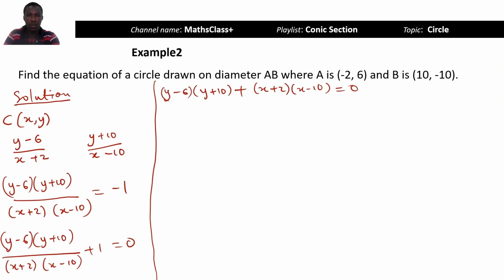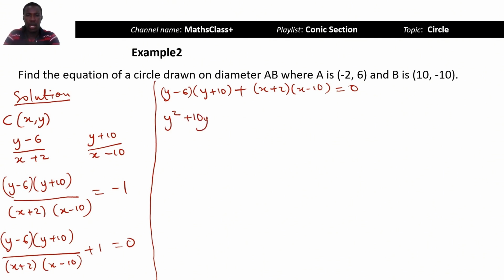So y times y will be y squared. y times 10 is plus 10y.